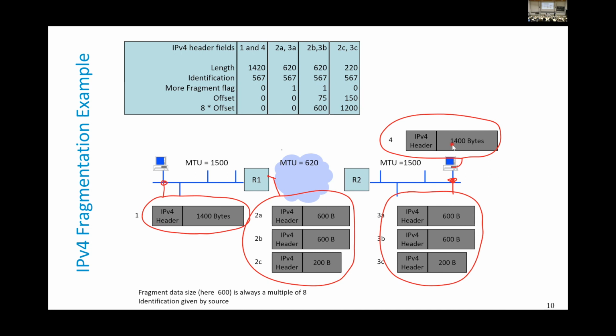And if the 3 packets reach the destination, then the destination will use all those fields to reassemble the packet. For example, if it receives the second fragment first, it knows it is not the last fragment. It knows it is at an offset of 600. So in the socket buffer, I will put it somewhere with an offset of 600. Then hopefully it will receive the first fragment also, and this one as well.